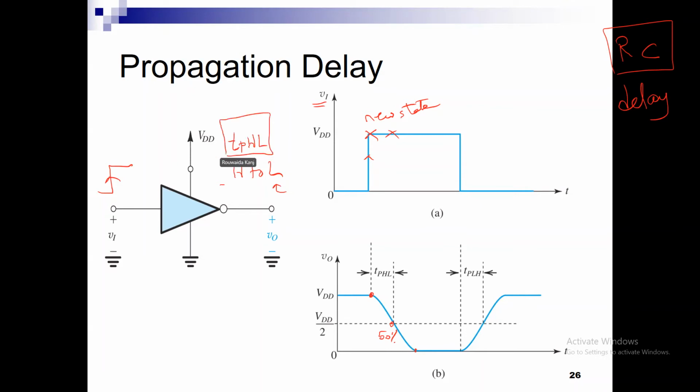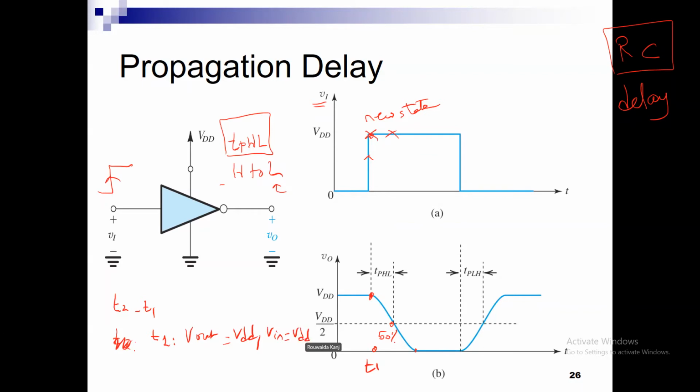So when we tell you to measure the TP high to low at the output, this means that the output is transitioning from high to low. Typically, the TP high to low is really T2 minus T1, where at time point T1 the output is still high, and Vn has already switched, and Vn is equal to VDD.